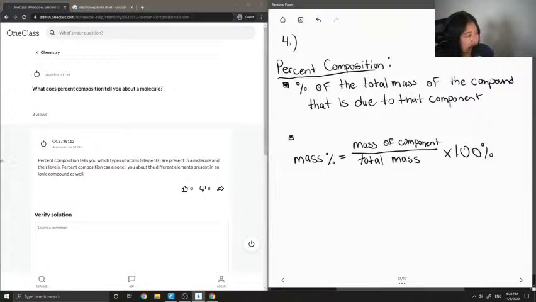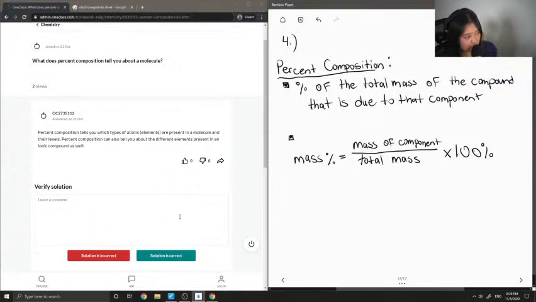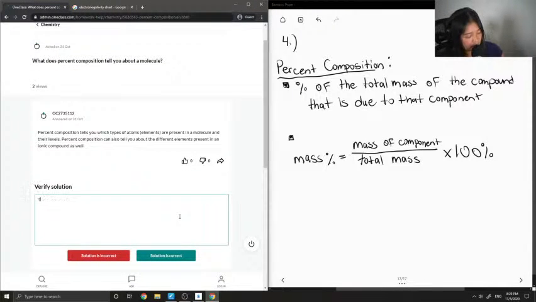So let's see what our junior tutor said. Percent composition tells you which types of atoms or elements are present in a molecule and their levels. Percent composition can also tell you about the different elements present in an ionic compound as well. Okay, so this solution is correct. I'm also just going to add the mass percentage equation.